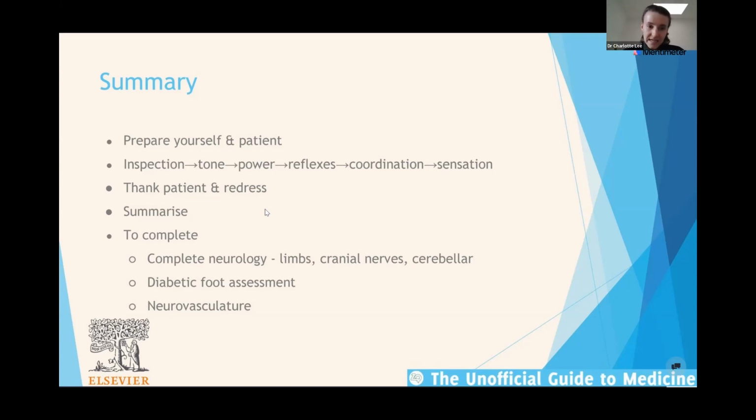To complete the assessment, you would want to do a neurological examination of the remaining limbs, so upper limb if you've done lower and lower if you've done upper. You may also want to do cranial nerves and cerebellar examination. Consider a diabetic foot, and I've put neurovascular there, but that should say vascular examination. Okay, so I think that is everything there.